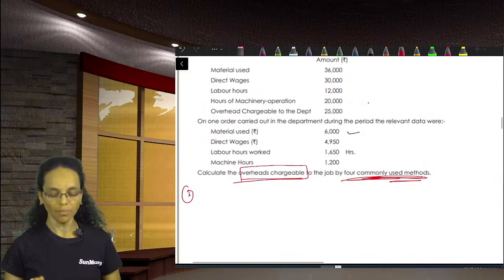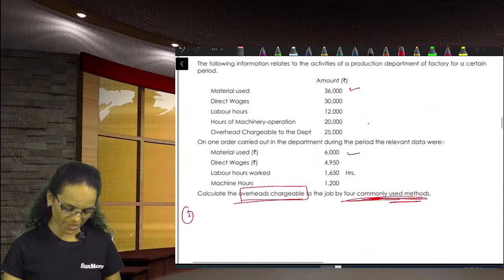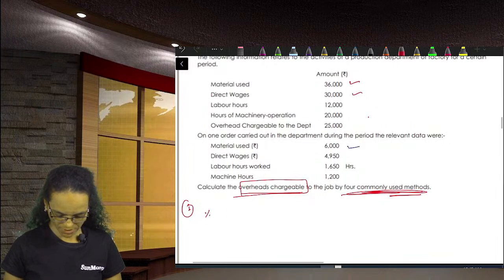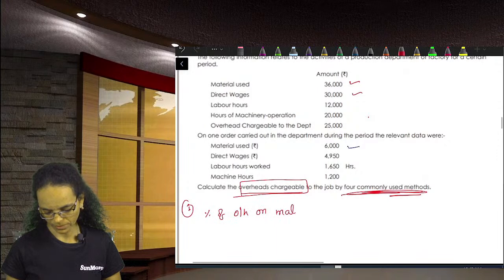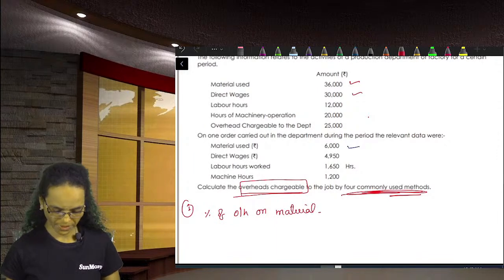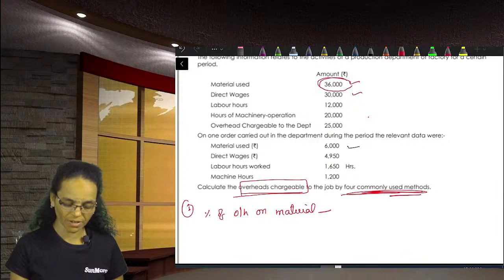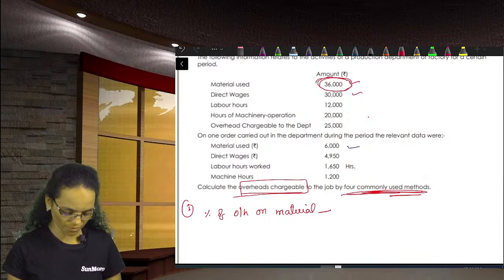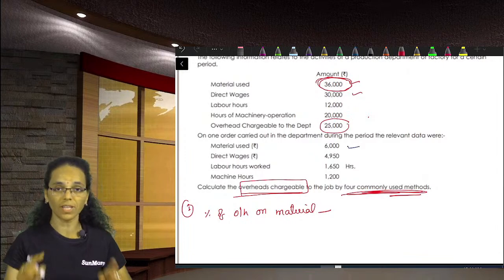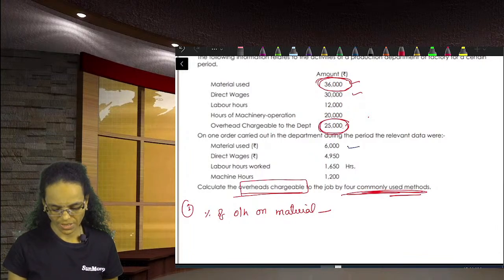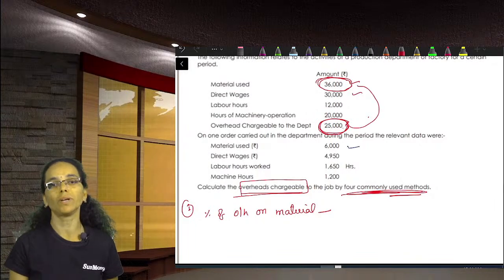Percentage of overheads on material. See, we incurred material cost of 30,000 when our overhead charge for the entire department was 25,000. So 25,000 is representing what percentage of material cost?